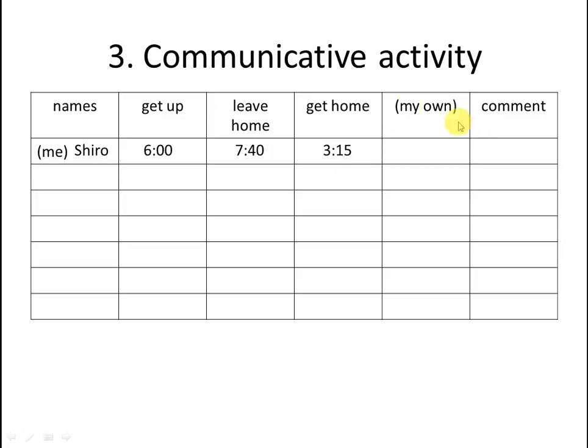And here I write my own question. I want to know what time my classmates take a bath. So I write take a bath here. And I take a bath at 8:15.